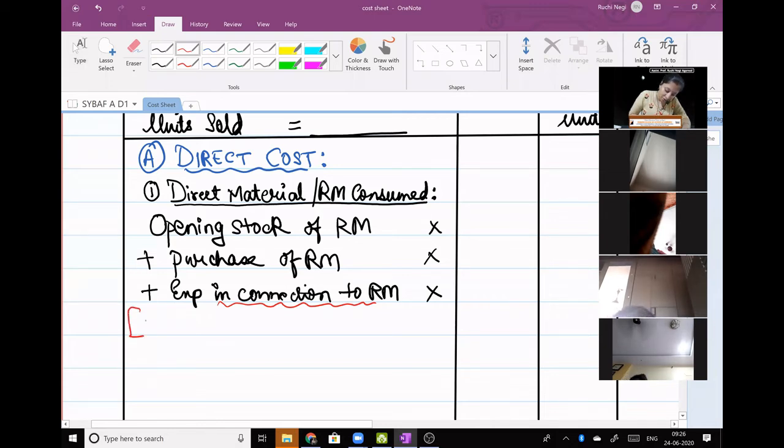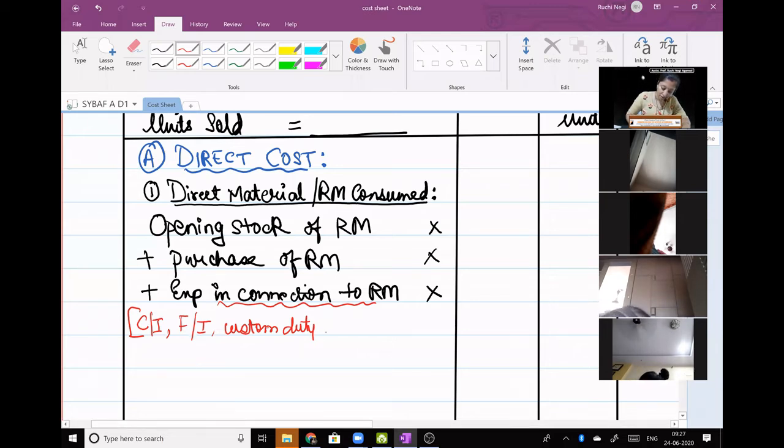Okay, so note down. First is carriage inward. Then freight inward, that is also one and the same. Freight and carriage inward. Then custom duty. If your raw material is coming from outside, you have to pay this amount until they clear your stock.